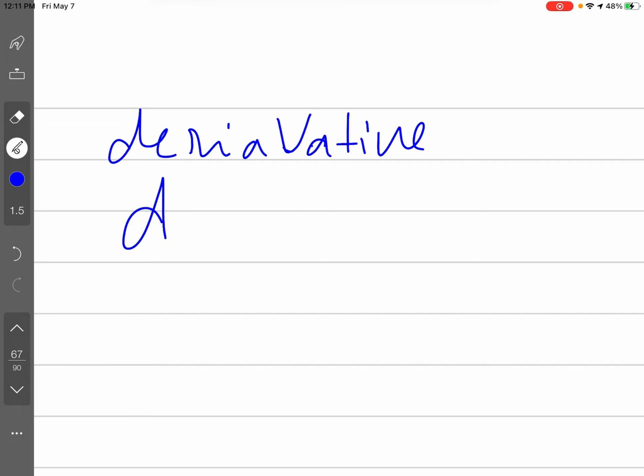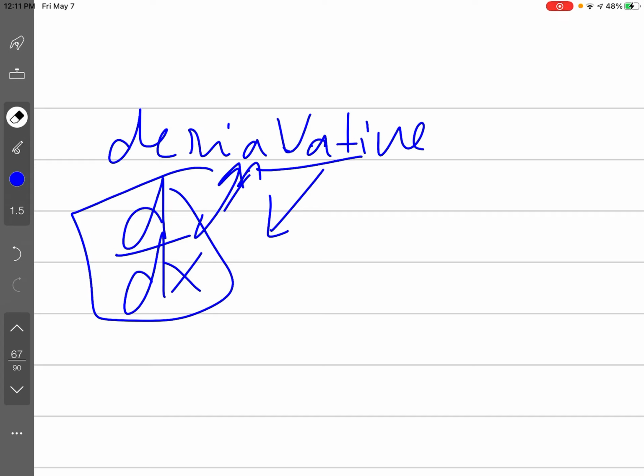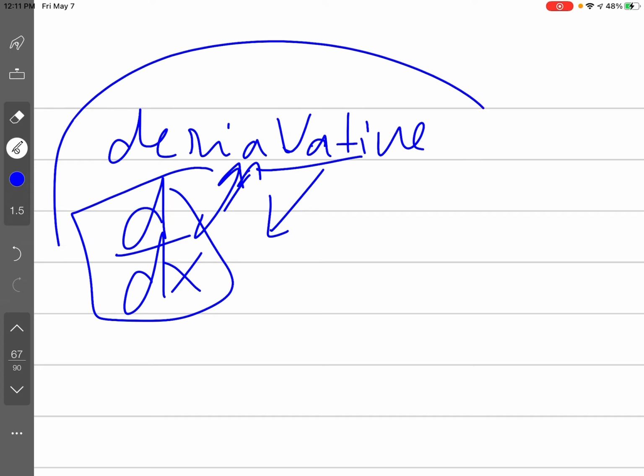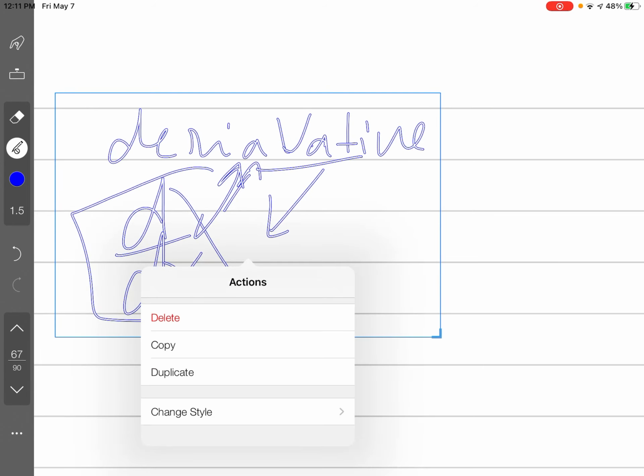You see they put d times dx, so this also is the same thing. This is the same with this, and this is the same with this. You will see that in other classes and you might get confused, so I want to make sure to help you out.